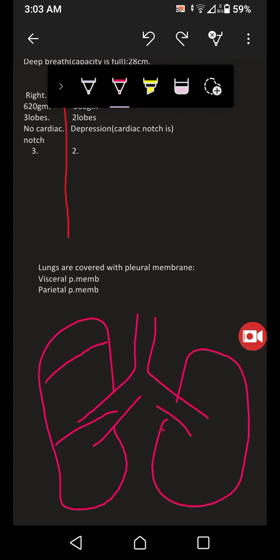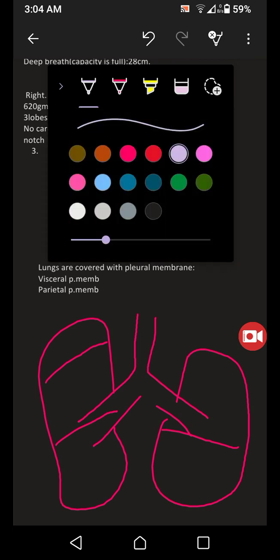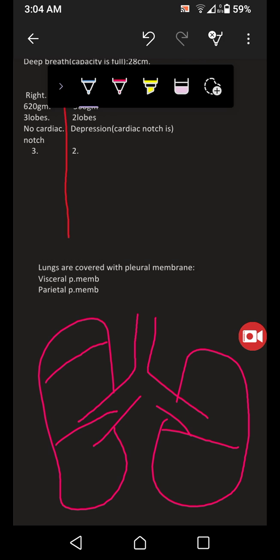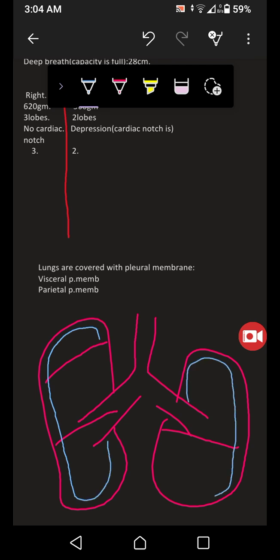And the left lung is divided into two lobes. Up over here, let me draw the membrane. Okay, this one is the membrane of both lungs.